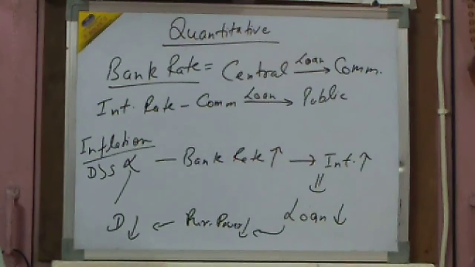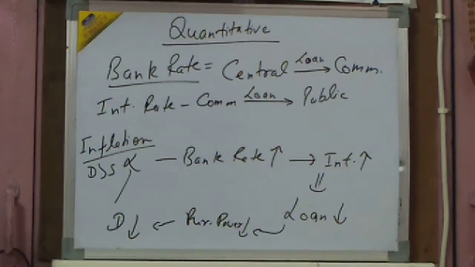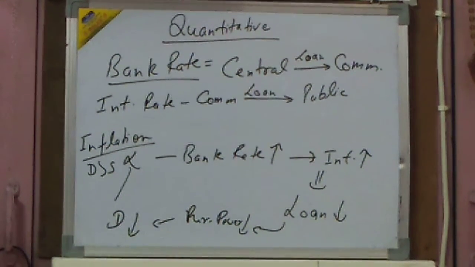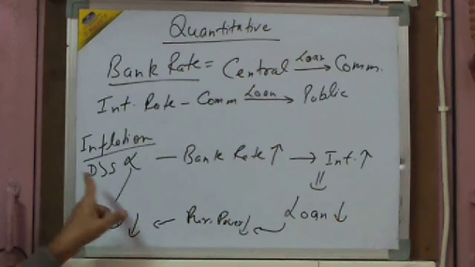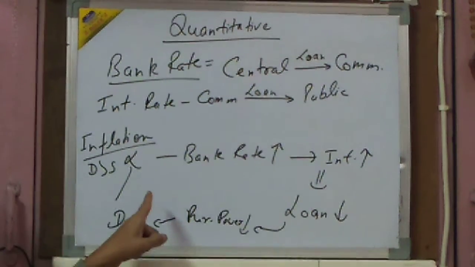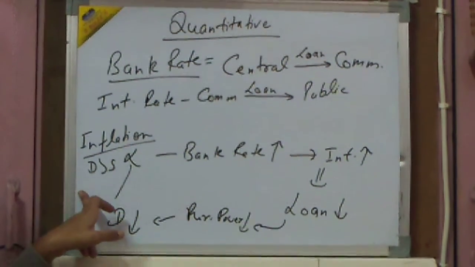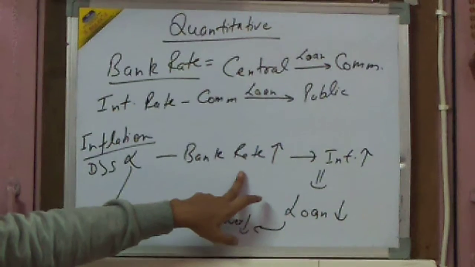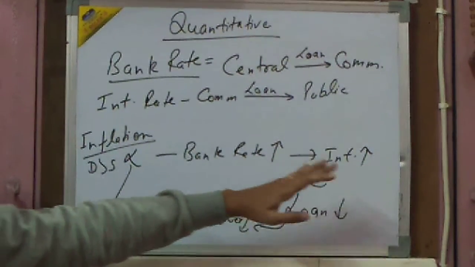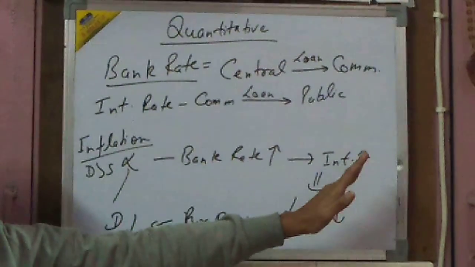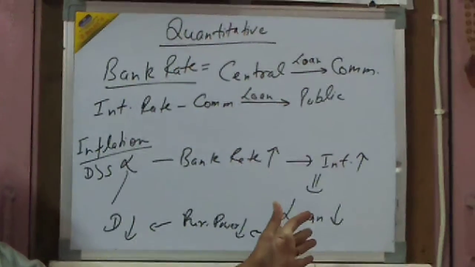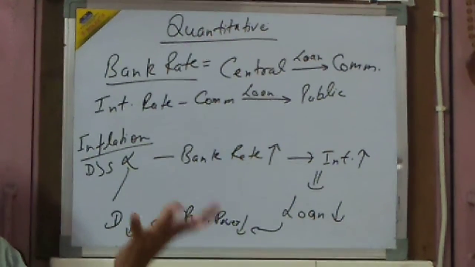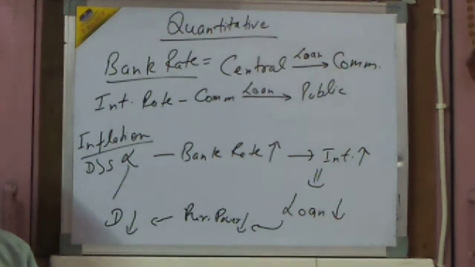This is called implication. Whenever you are writing bank rate, first you have to write the meaning, then you have to explain this also. When there is inflation, the central bank increases the bank rate, and automatically the commercial bank also increases the interest rate. Because of that, the lending capacity decreases and credit is controlled.